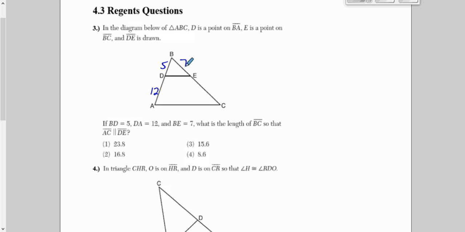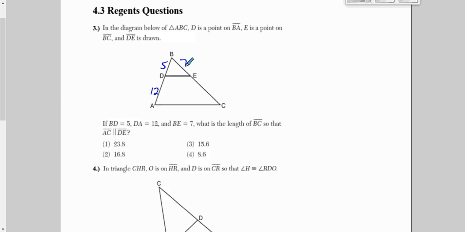They want the length of BC. They're kind of asking this in the converse, right? They want to know the length of BC so that these two segments are parallel. Remember, if lines are parallel, these angles are congruent.